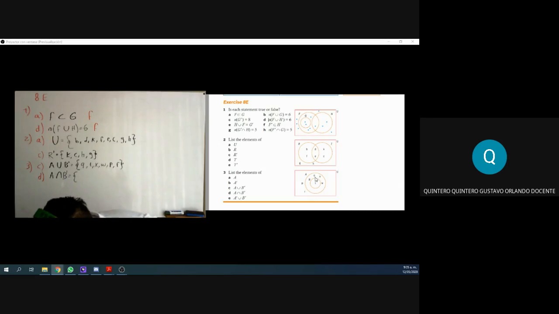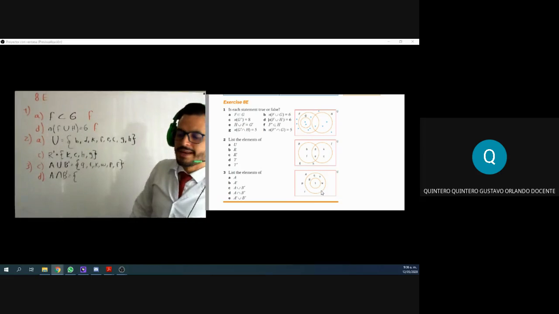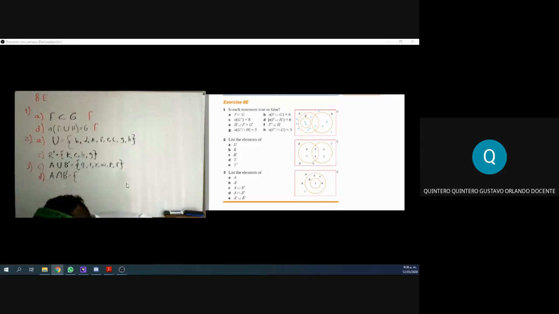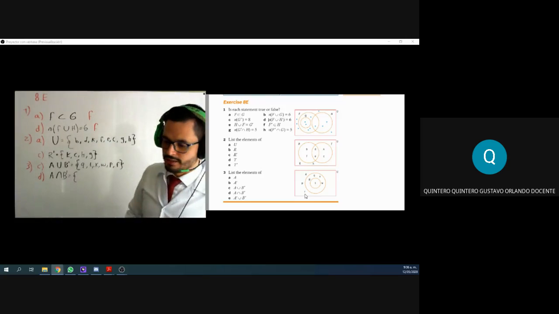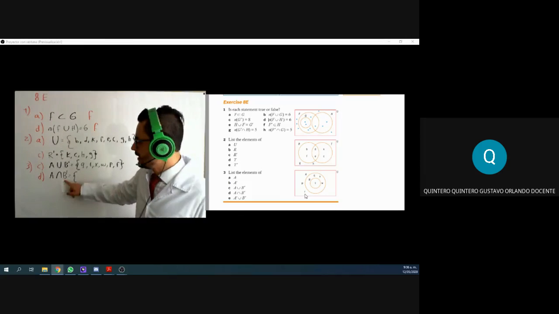We have Q, X, W, and T. These four are the elements inside A. Now, let's think of the elements in the complement of B. The complement of B will be the ones outside B, so everything else excluding D: Q, X, W, P, and F. Those are the elements outside B, so in B complement.